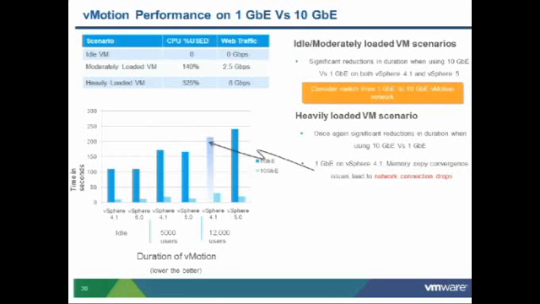So what happened? We had to suspend the VM, copy all the dirty pages, and then do the switchover. So obviously the vMotion completed, but it had some impact on the performance. We've seen some network connection drops and so on.